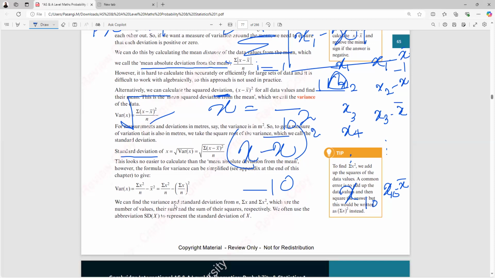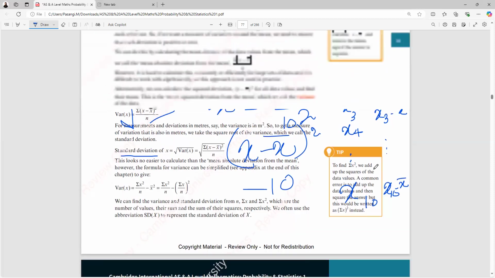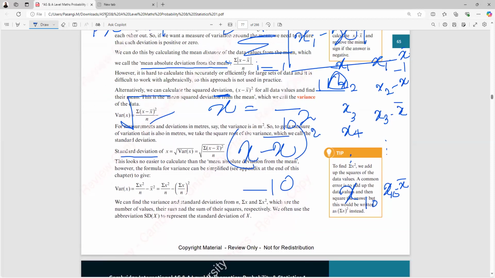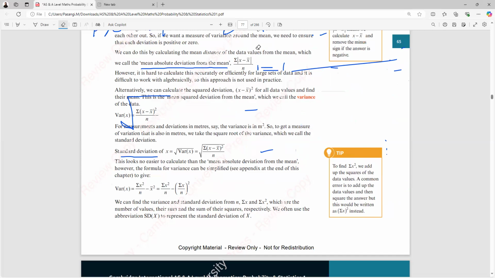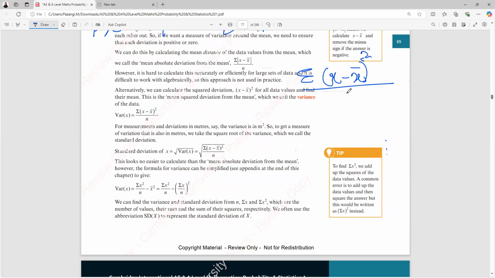We can find the variance and the standard deviation from these. I'll show you how to do that first. Now what we have here is sigma (x minus x bar) squared divided by n.